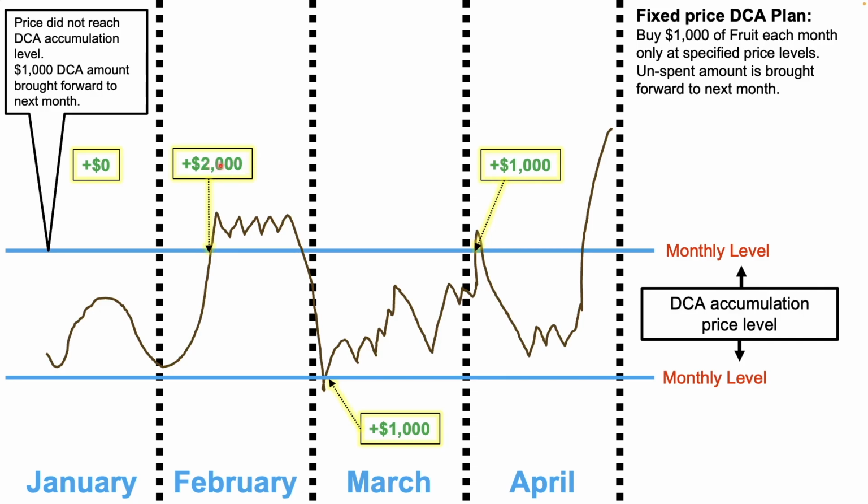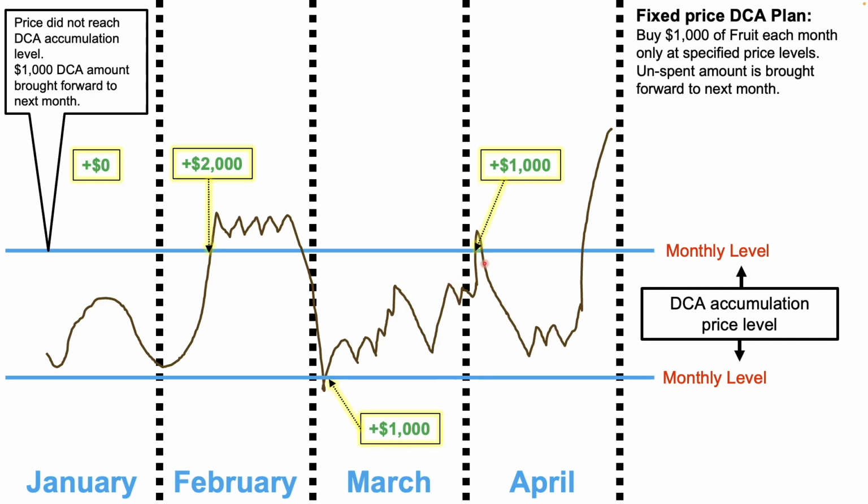This $2,000 is an accumulation of the $1,000 that is unspent from January and the $1,000 that you intend to invest in February. And in March, price reached the lower monthly level over here, and you'll buy another $1,000.